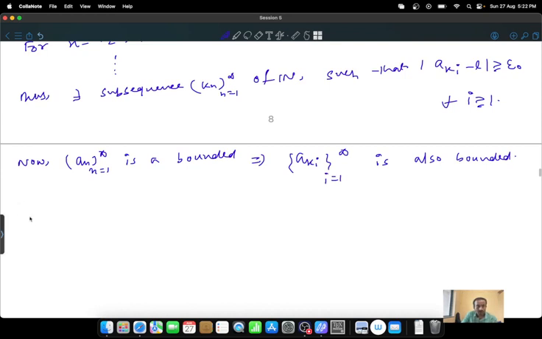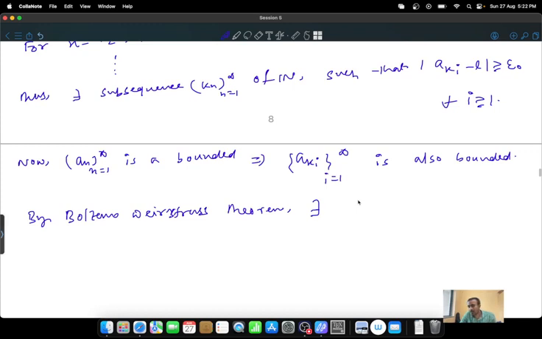Now, by Bolzano-Weierstrass theorem, there exist further subsequences.